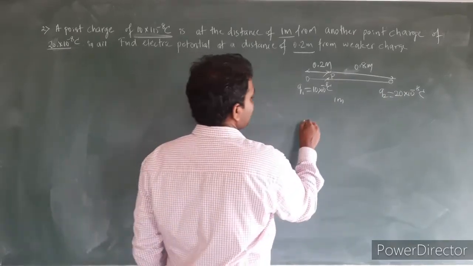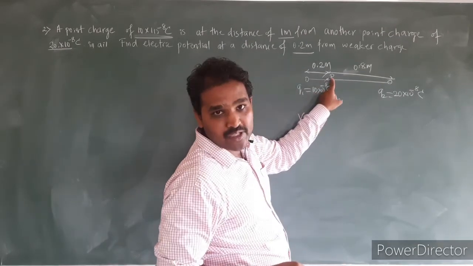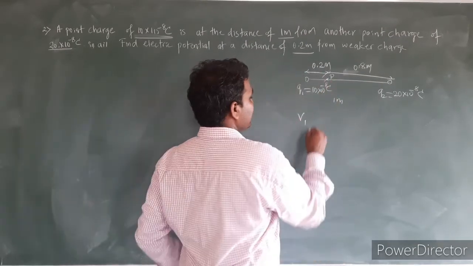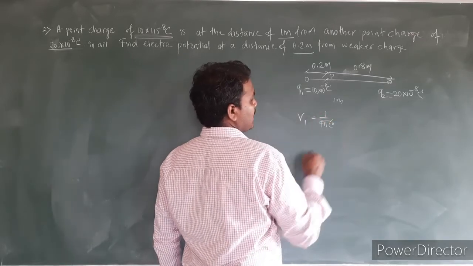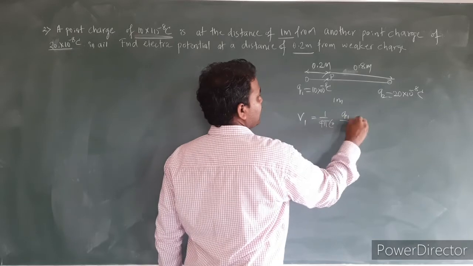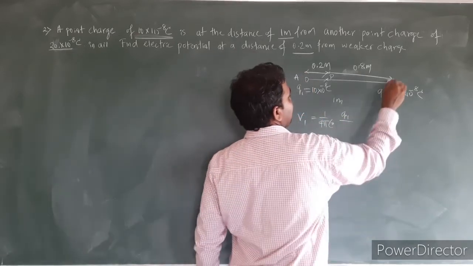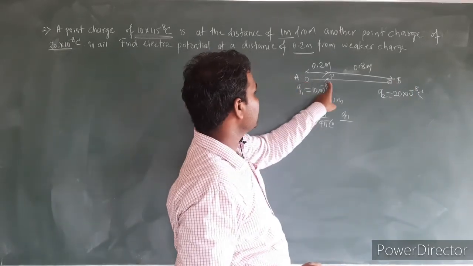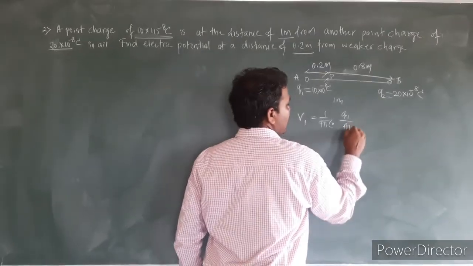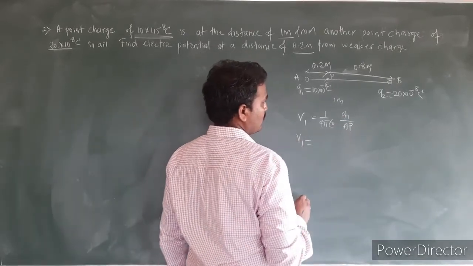So let me write the equation for the potential because of the first charge at point P. That I write as V1. V1 is equal to 1 divided by 4 pi epsilon naught, Q1 divided by the distance. Let the position of Q1 be A and the position of Q2 be B here. So the distance is AP.